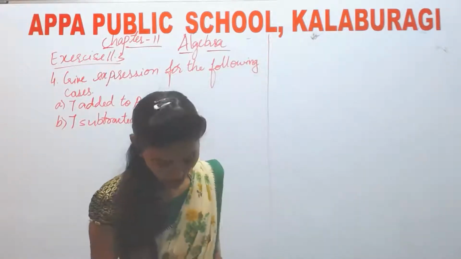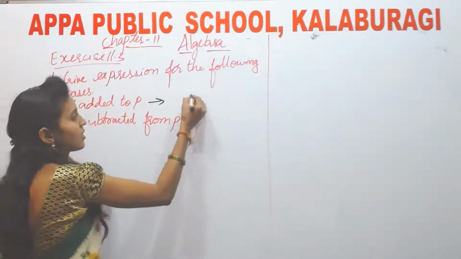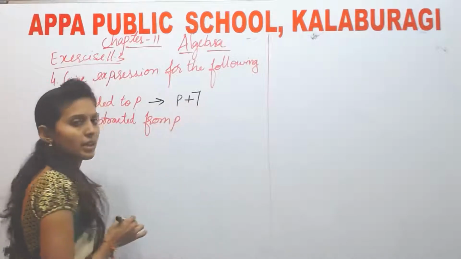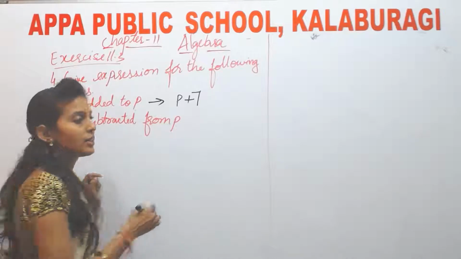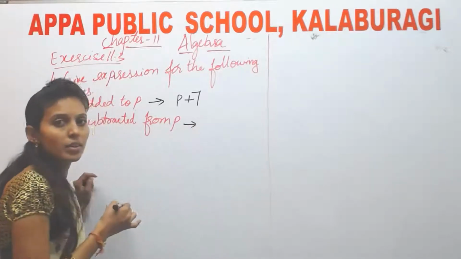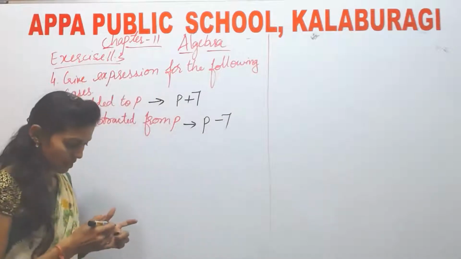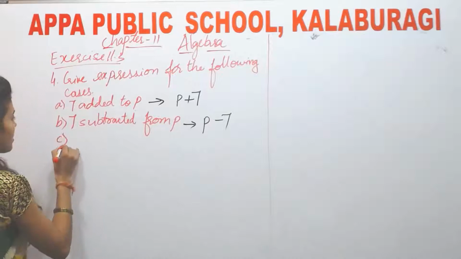Let us see. 7 is added to P. 7 is added to what? To P, right? Next, 7 is subtracted from P. From P, 7 is subtracted, right? Next, P multiplied by 7.